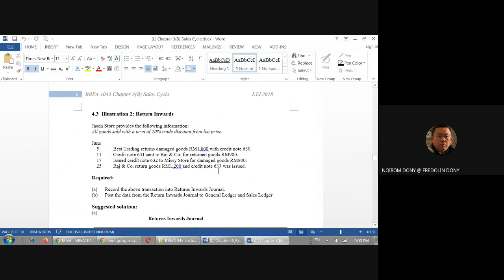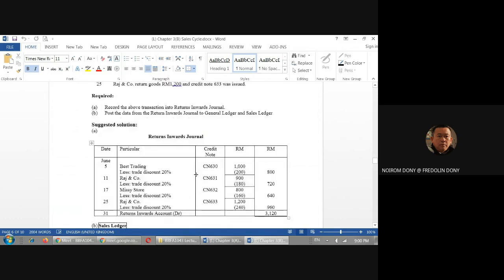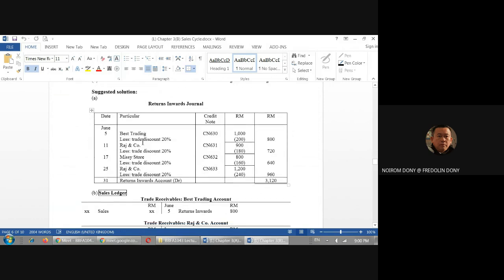So this is the prime entry, just like the return outward, but it's just the opposite. Now we need the date column. We need the particular column to record which trade receivable makes the return, and what the source document number is, the credit note.